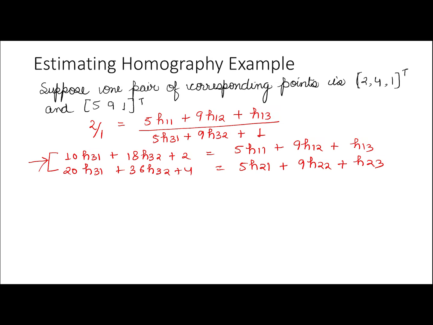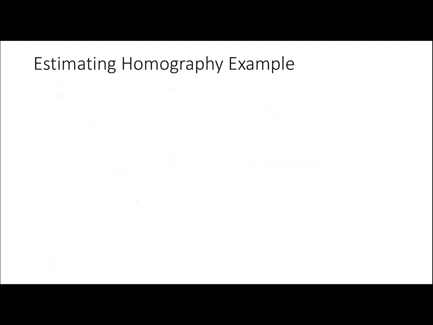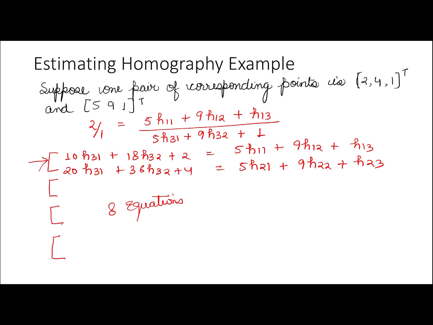Now for 4 pairs of points I'll get a total of 8 equations, and I'm writing these equations like this: 5, 9, 1. This is h11, h12, h13.